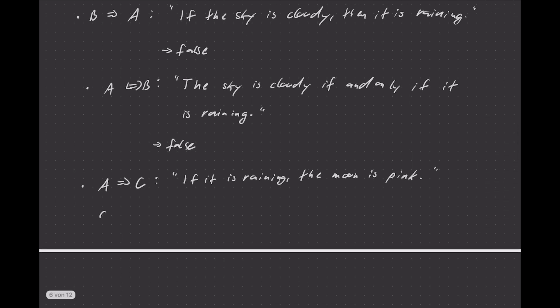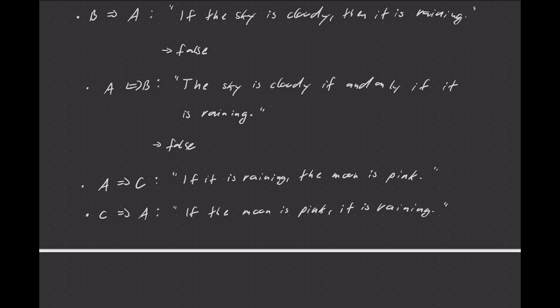And same thing about the reverse. Let's look at that one. C implies A. What about this? Yeah, if the moon is pink, it is raining. Well, the moon is never pink, so C is a false statement.